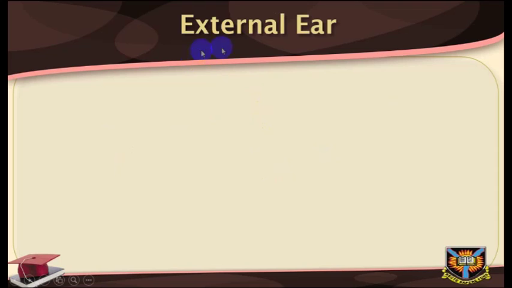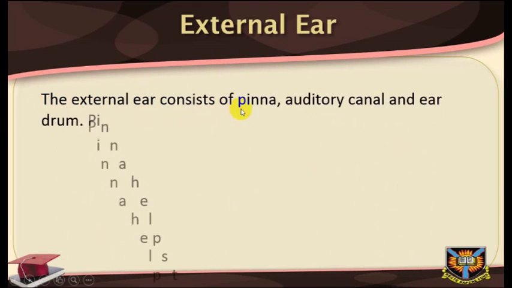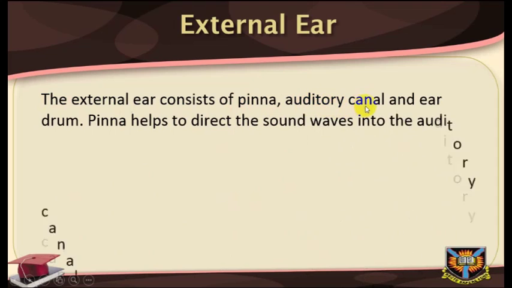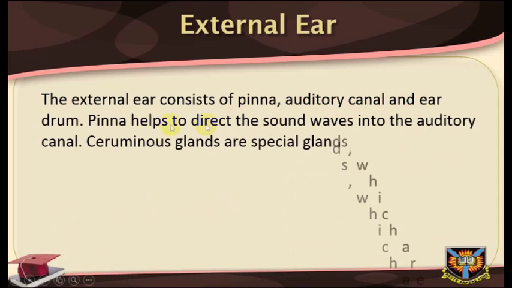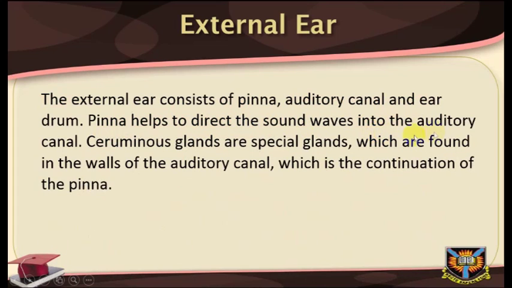External ear. The external ear consists of the pinna, auditory canal, and eardrum. The pinna helps to direct the sound waves into the auditory canal. Ceruminous glands are special glands which are found in the walls of the auditory canal, which is the continuation of the pinna.